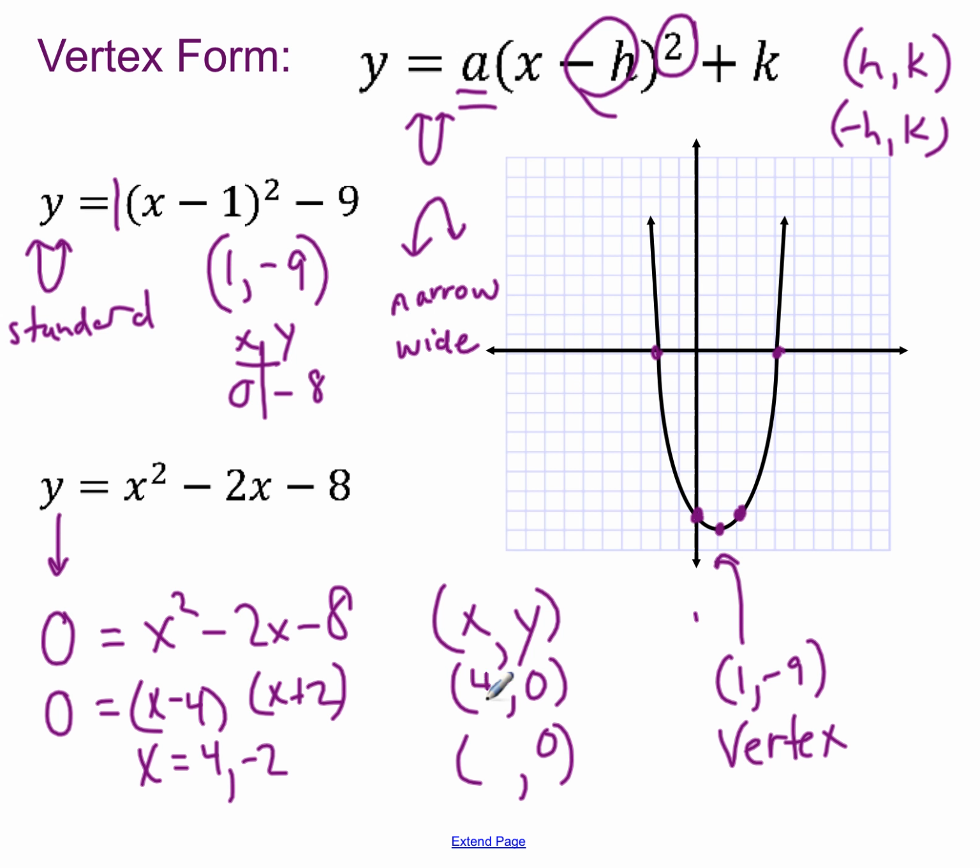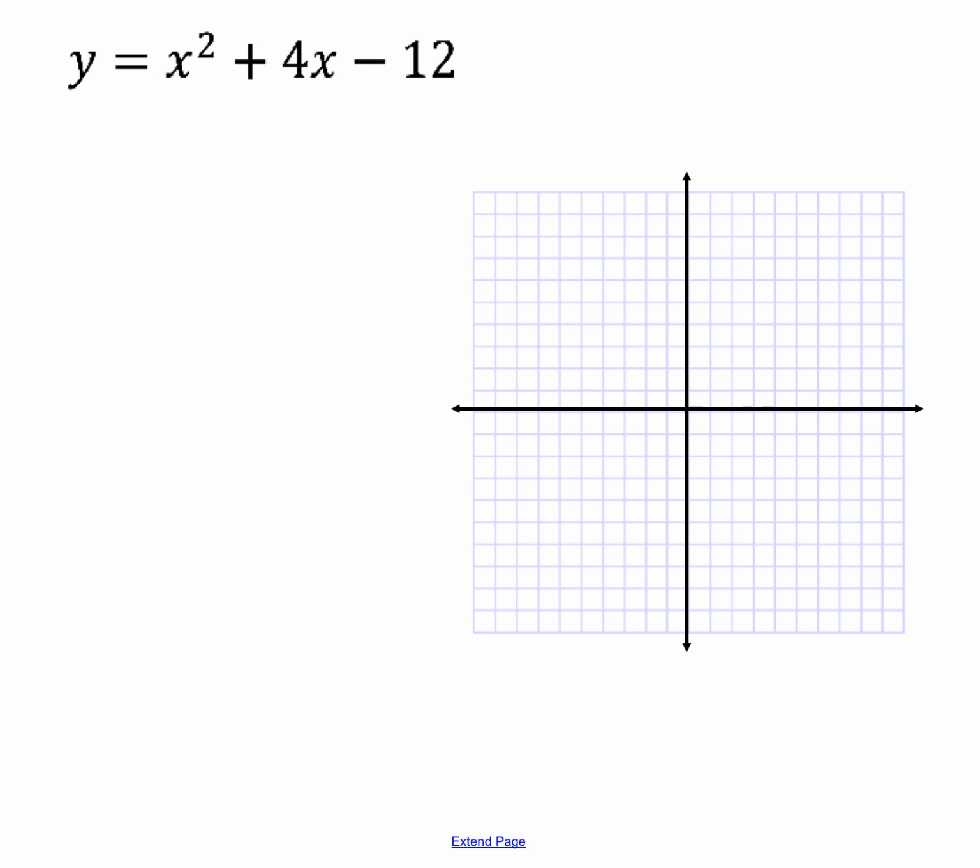So my points 4, 0 and -2, 0 are going to be the x-intercepts on the graph. So 4, 1, 2, 3, 4, 0 is right here. -2, 0, 1, 2, 0 is right here. Those are both my x-intercepts on the graph. Extremely helpful. Let's move on to the next slide.